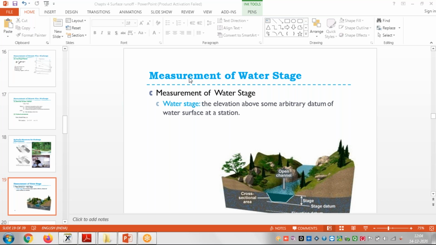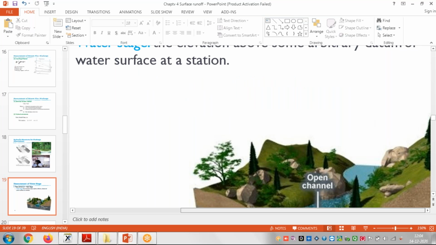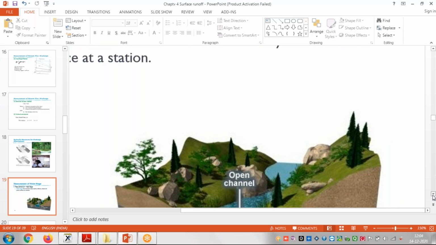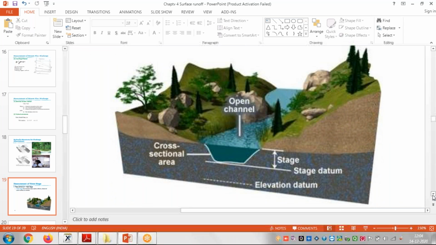Now, after that, measurement of water stage. See, we have to understand first what stage is. For measurement of water stage, first of all, what is stage?